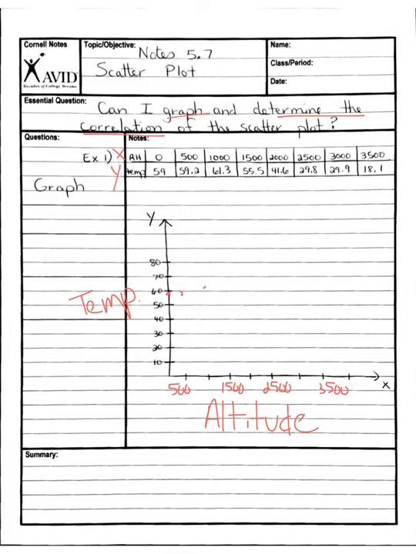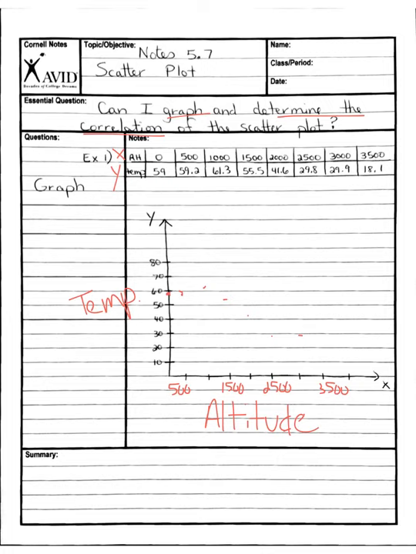At 1,500, we're at 55. At 2,000, we're at 41.6. At 2,500, we're at 29, so close to 30. Should probably redo that one too. At 3,000, we're at 29.9, so about the same.